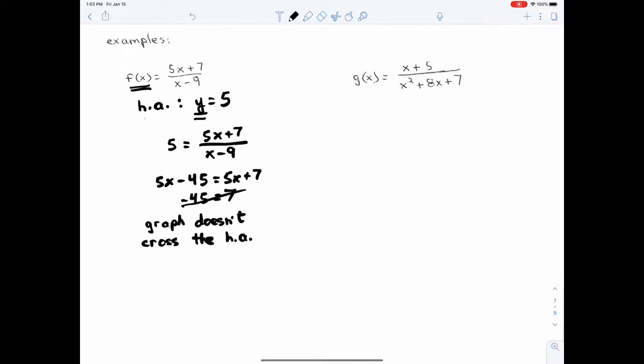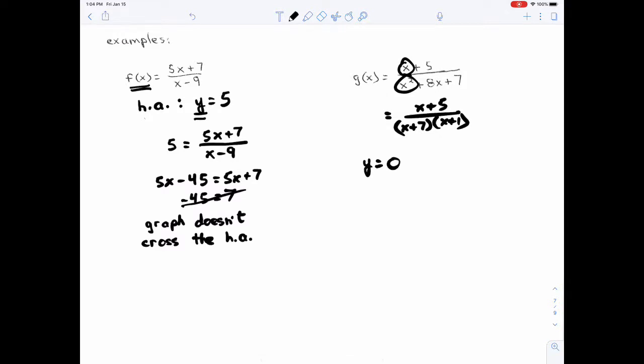Okay, now let's take a look at this one. We have x plus 5 all over (x plus 7) times (x plus 1). Nothing cancels. So the horizontal asymptote is just going to be y equals 0, right? Because the degree of the numerator is less than the degree of the denominator. But we had to check, first of all, to see if something canceled. So what do we do?